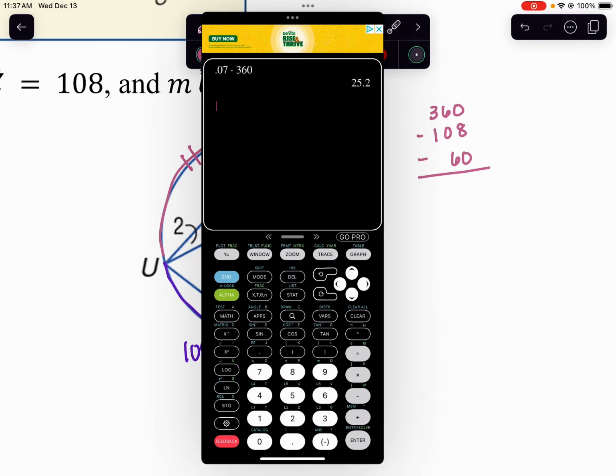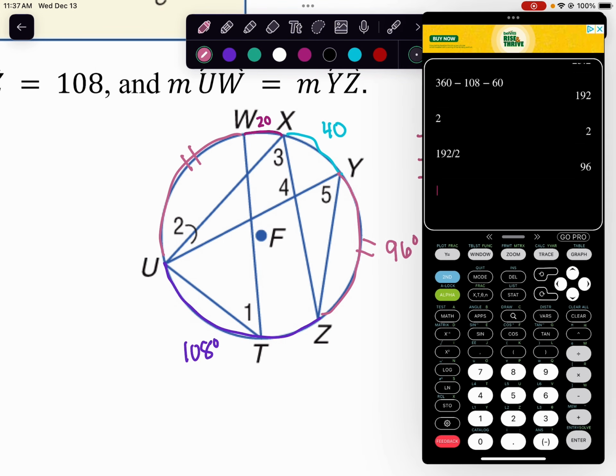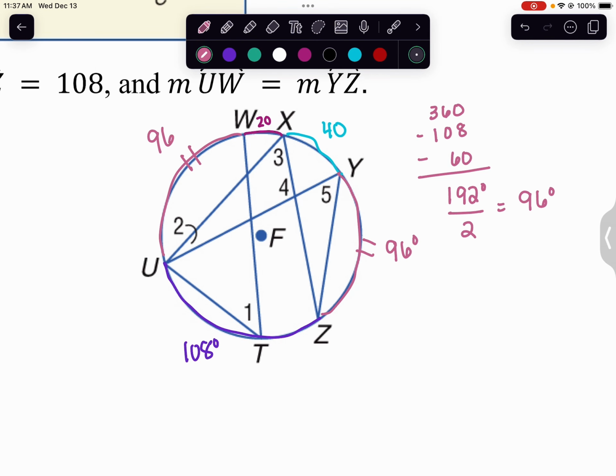So 360 minus 108 minus 60 gives 192 degrees left to split between those two. If I divide that by 2, we get 96. So this is 96 degrees, and this is 96 degrees.